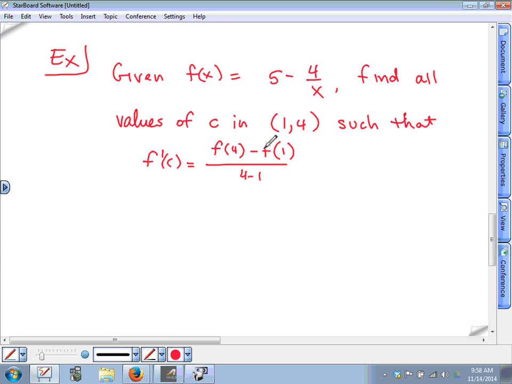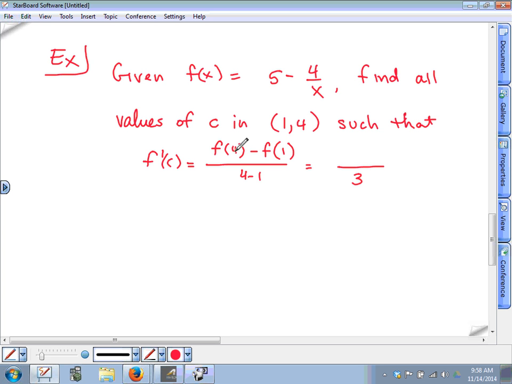So first we got to figure out what this is. What's f of 4 minus f of 1 all over 4 minus 1? 4 minus 1 is 3, that's the easy part.